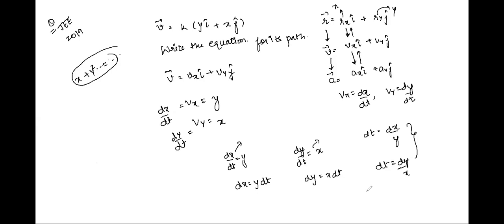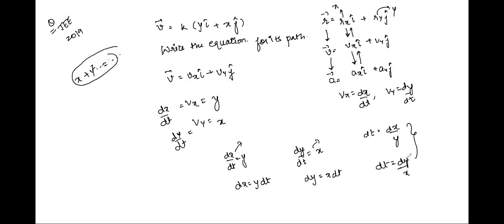So we have dx by y is equal to dy by x. Integrate both sides, remember what we said in the morning. This time we'll not take the limits because they're not given in the question in the first place. So you will have, or maybe you can first group the variables together.